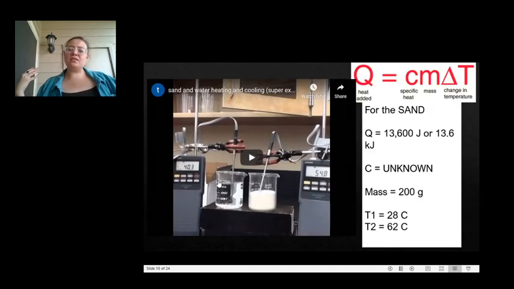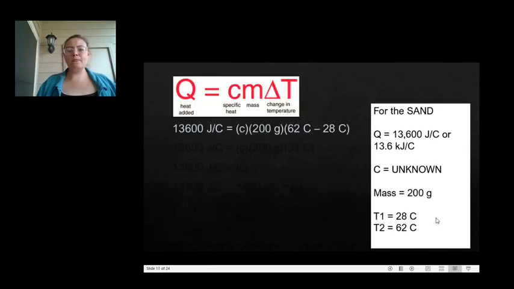So now we can solve for the sand, because now we know how much energy they supplied. We know that there's an equal mass of sand. We know the initial temperature of the sand, and we know the final temperature of the sand. So instead of solving for Q, this time we're going to solve for C. We just plug everything in. So here's our Q that we already solved for.